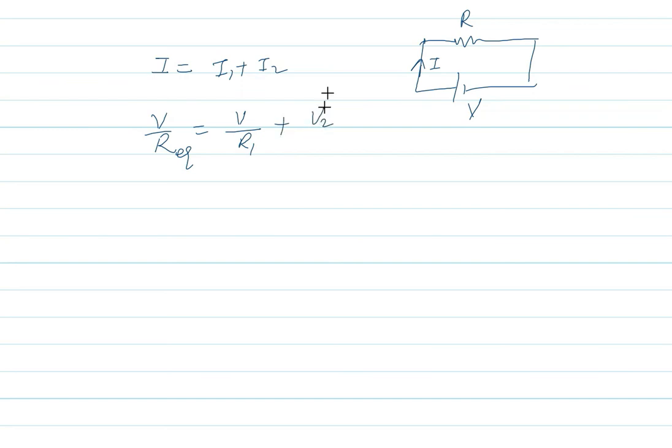Let us draw the circuit diagram for effective resistance. This is R, effective resistance, drawing total current I. So I equals I1 plus I2, clear, and I can be written as V by R, R is the equivalent resistance, and I1 can be written as V by R1. Similarly, I2 can be written as V by R2. After cancelling out V, we get 1 by R equivalent equals 1 by R1 plus 1 by R2.